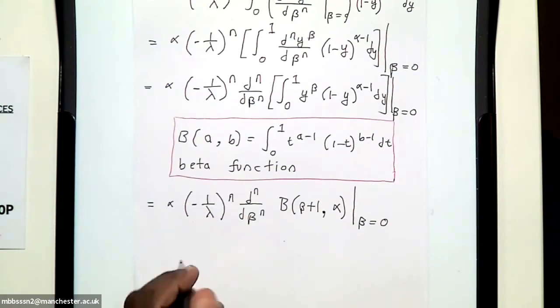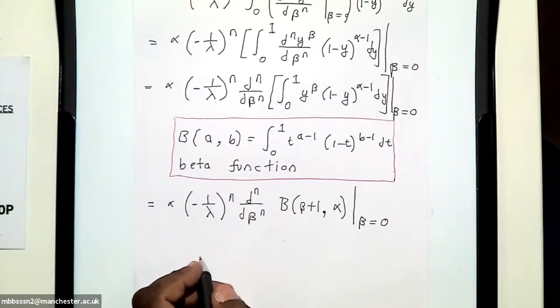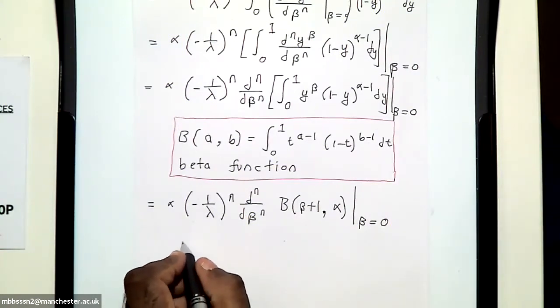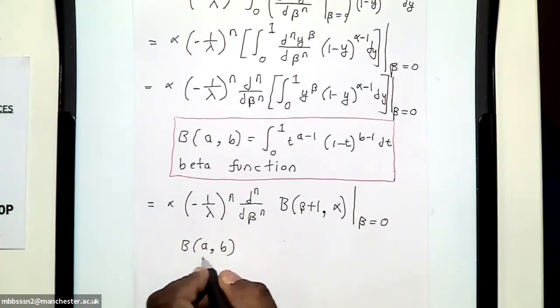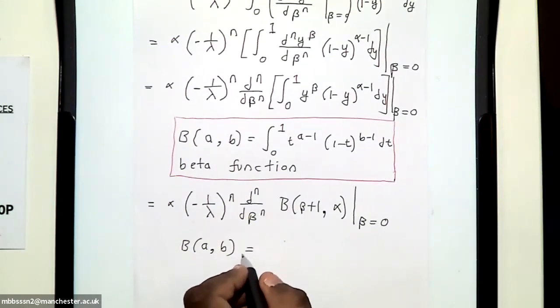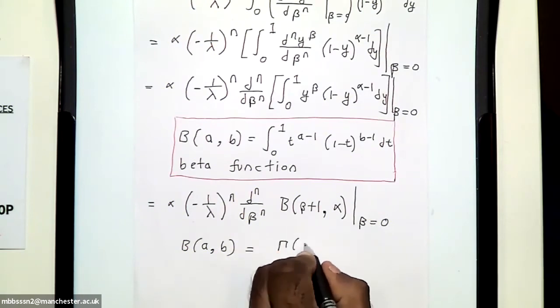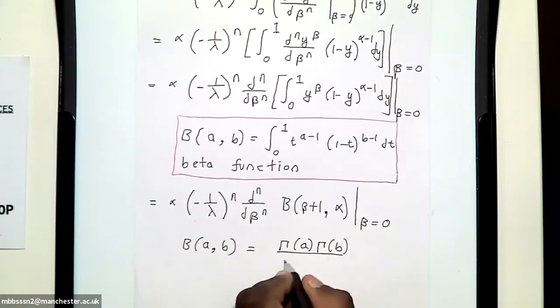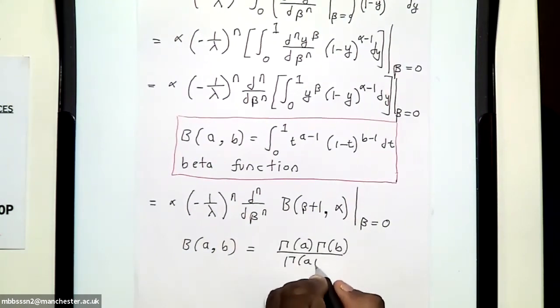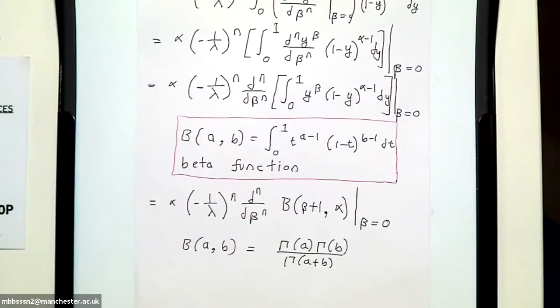Another way you can write this is, there's a property of the beta function I mentioned in the video on the course website. You should look at the course website, you will see this.